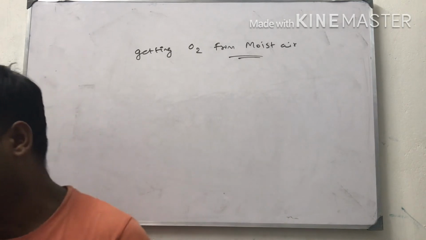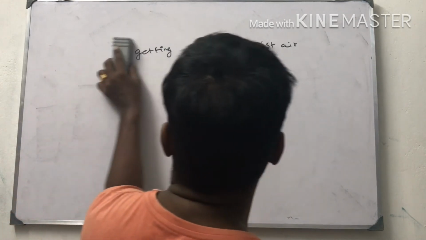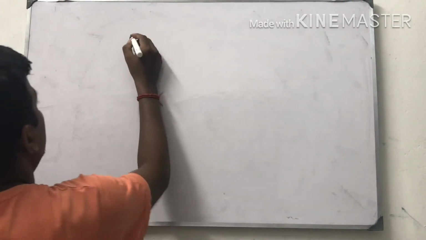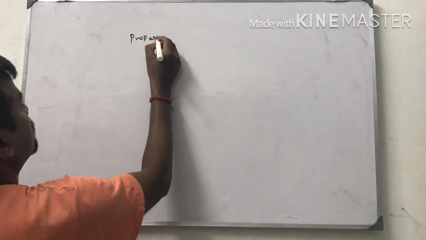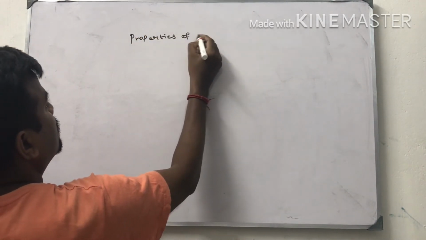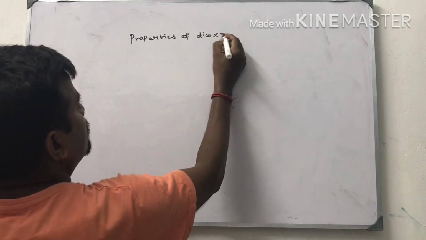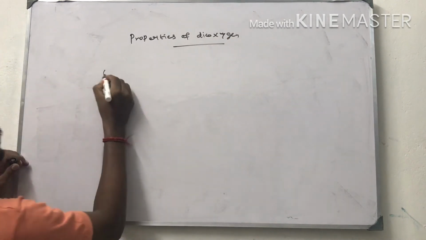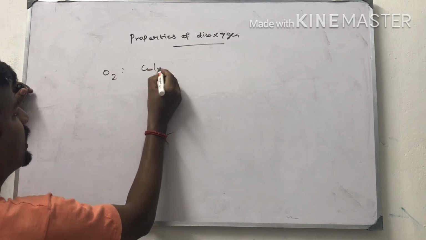Now I am going to tell about the properties of dioxygen. Oxygen is a colorless, odorless gas.